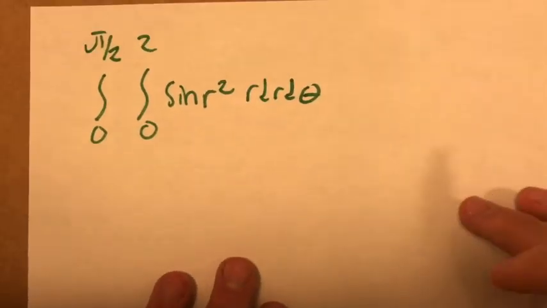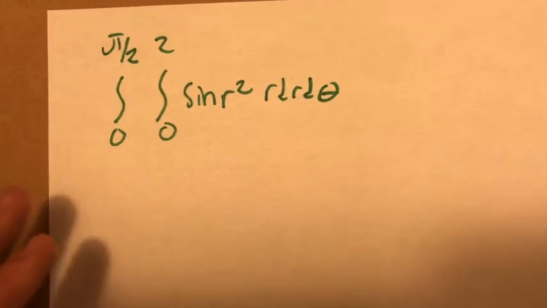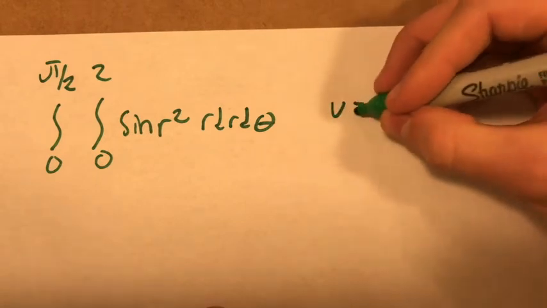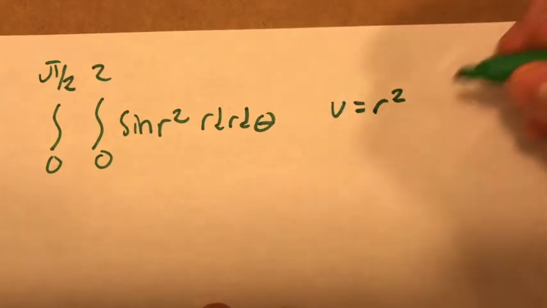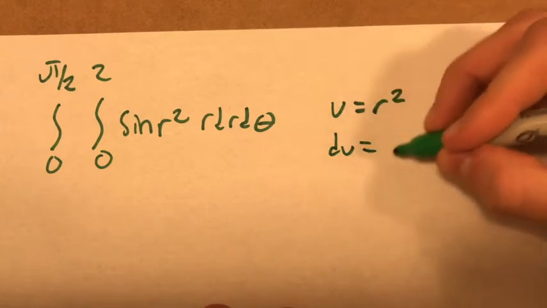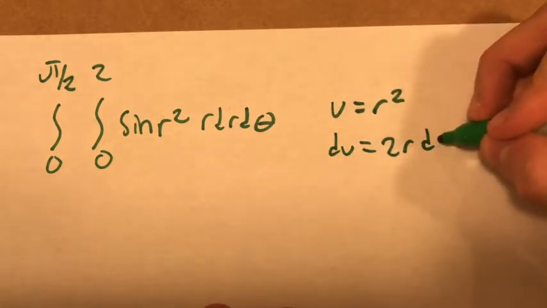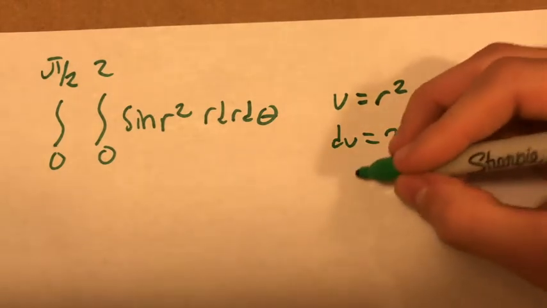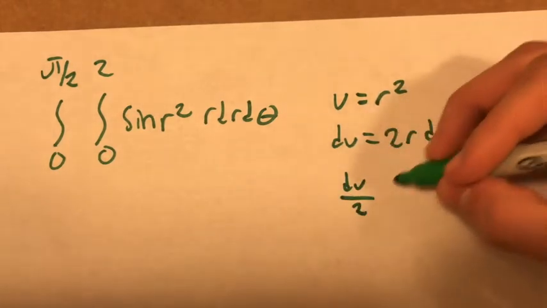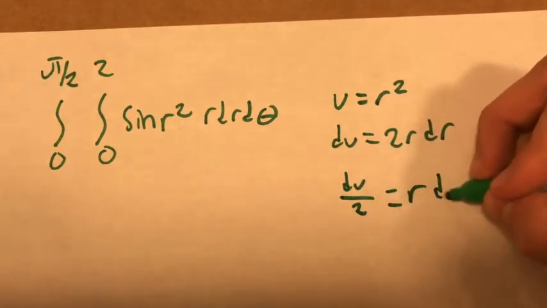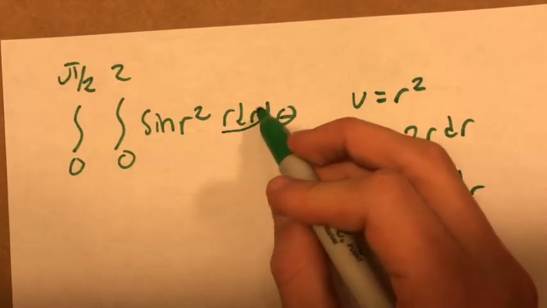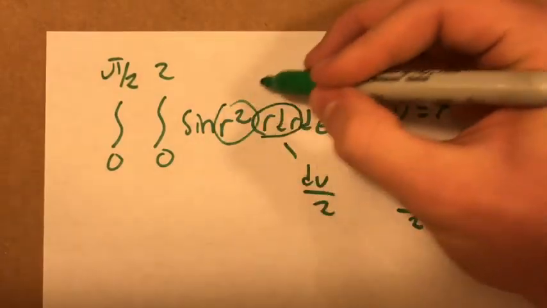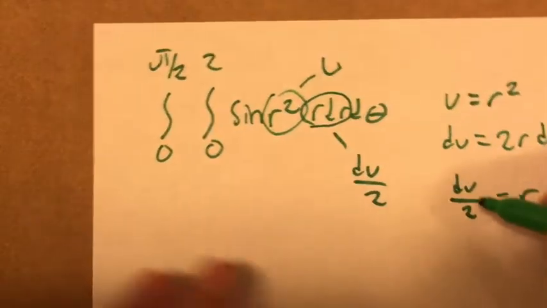Right, in order to integrate this, let's use u substitution to make it easier. So we're going to let u be equal to r squared. We're going to let du be equal to 2r dr. And we can move this around a little bit so that du over 2 equals r dr. So this will be equal to du over 2, and this will be equal to u.